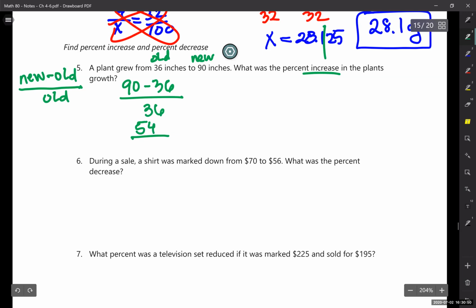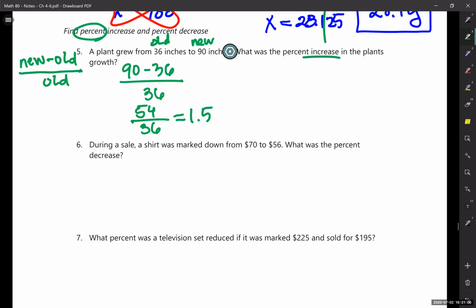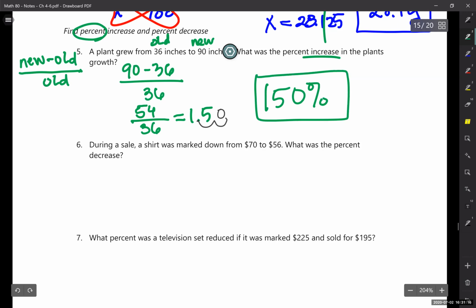What is that compared to the original 36? So finally, 54 out of 36 is 1.5. And since we are talking about percent, we need to write this as a percent. So I'm going to move my decimal 2 places. And this was a 150% increase.